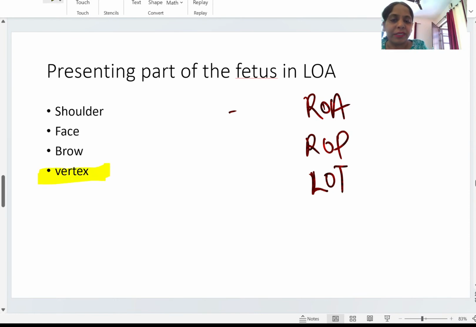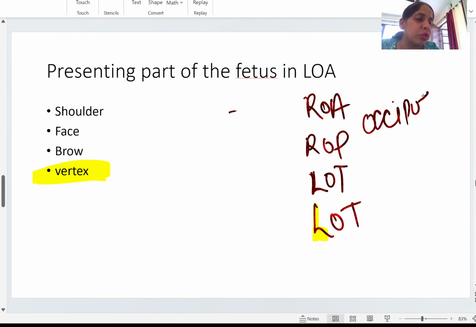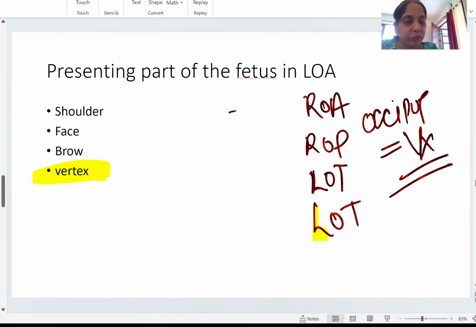The answer is vertex. So these are all the questions of FMG. See, they ask you such basic concepts. In right occipito-transverse, in left occipito-, whenever the word occipito is used, it means the presenting part is vertex.